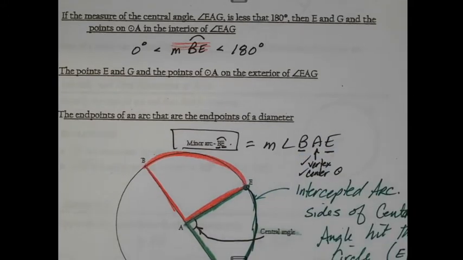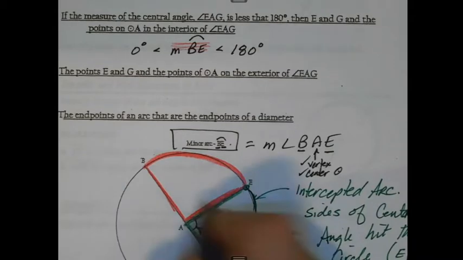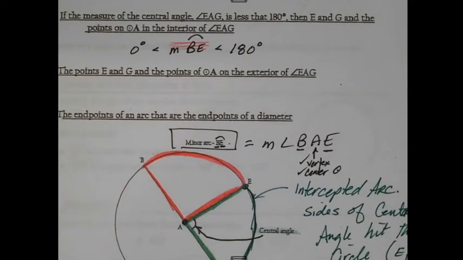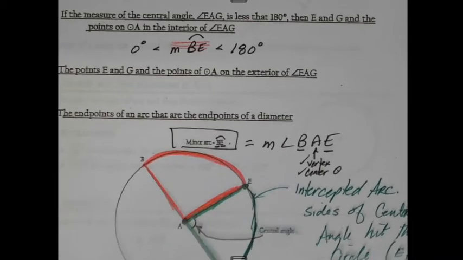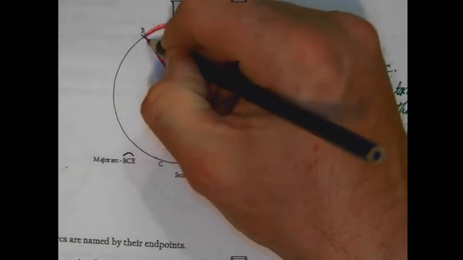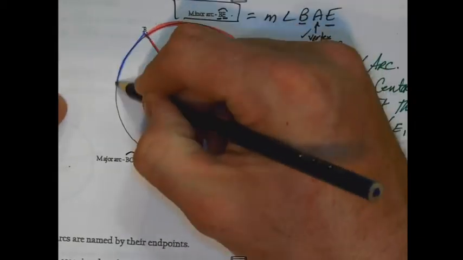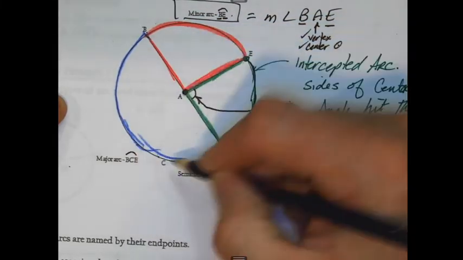So it takes two forms. A is not only the vertex, but it is also the center of that circle. So that minor arc is going to be less than 180 degrees. We have a major arc and we have a semicircle. So the semicircle, I'm going to put in blue. The semicircle, reminder, goes from point to point, but it has to go through a diameter.